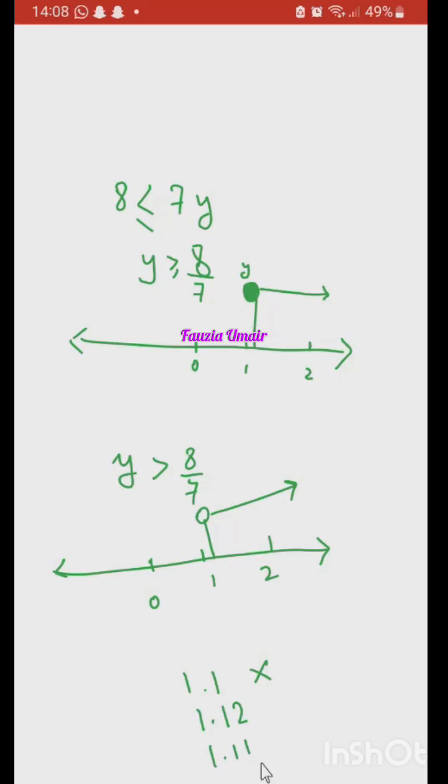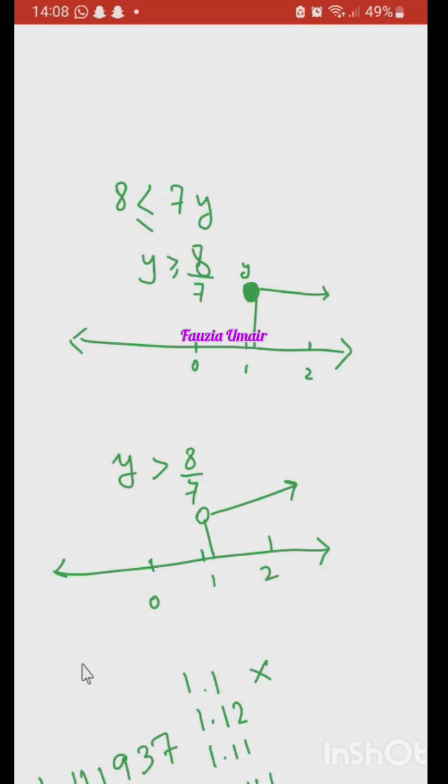Rational numbers are unlimited. You can say 1.111, you can say 1.112, you can say 1.111937. So where will you put a stop? You cannot say this is the smallest rational number because there is no equality sign.